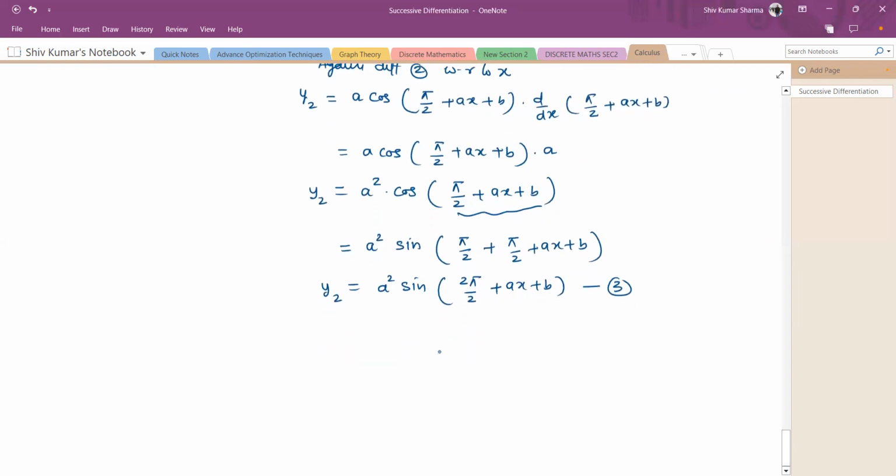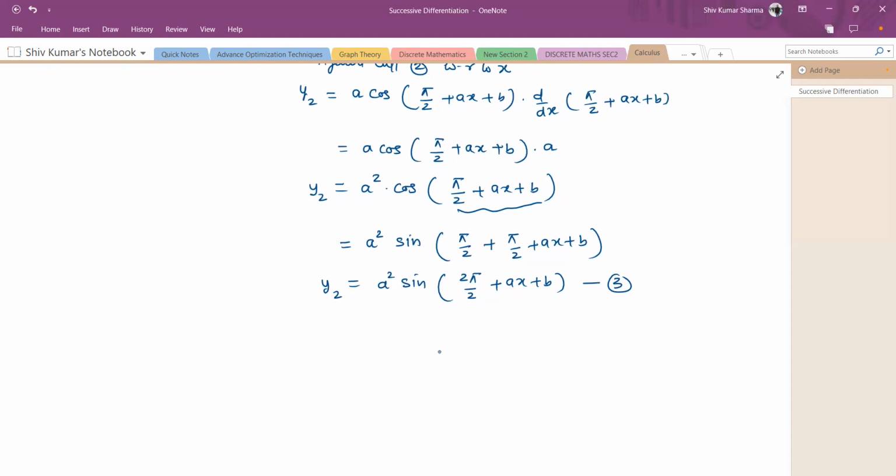So y2. Again, we differentiate equation 3 with respect to x.